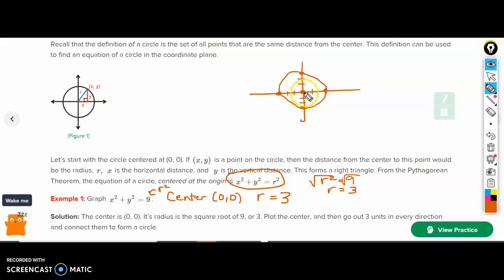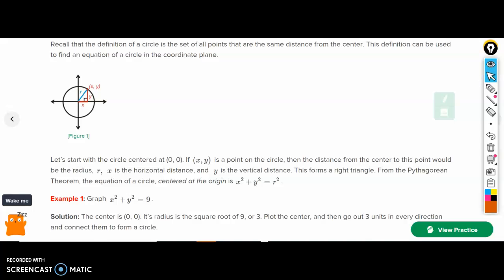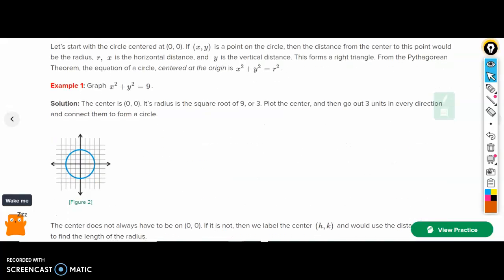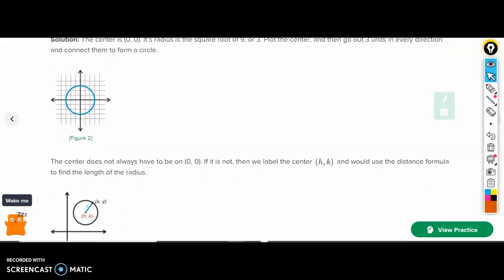And then I go out horizontally 3 to the left, 3 to the right, 3 up, 3 down, and then I can draw my circle. And here's a much better picture of it with the coordinate grid and probably some tools.